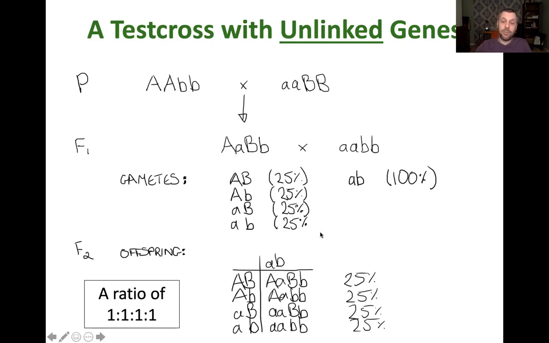So 25% of them would look like this, whatever the genes A and B mean in terms of phenotypes. So that's an unlinked set of genes.